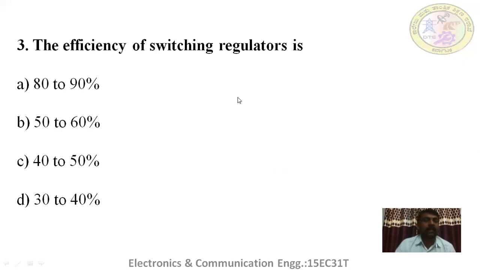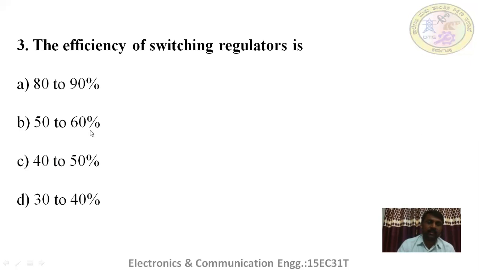Okay. The third one, the efficiency of switching regulator is. What is the efficiency of switching regulator? Is it 30 to 40%? No. Is it 40 to 50%, or is it from 50 to 60%?